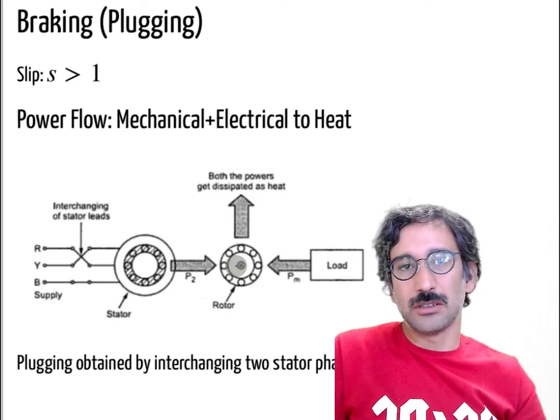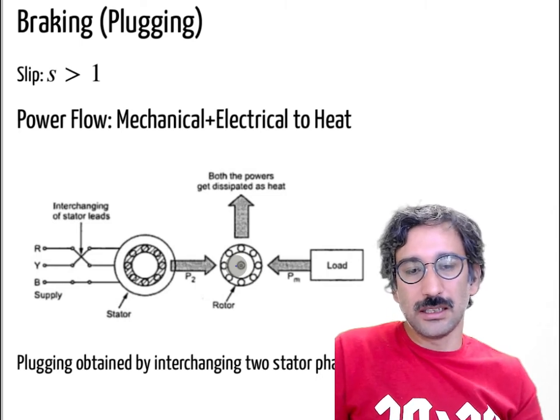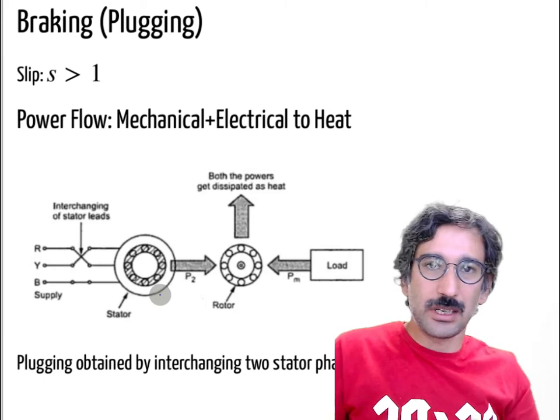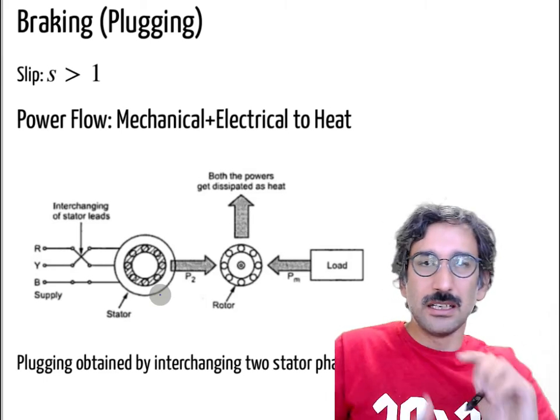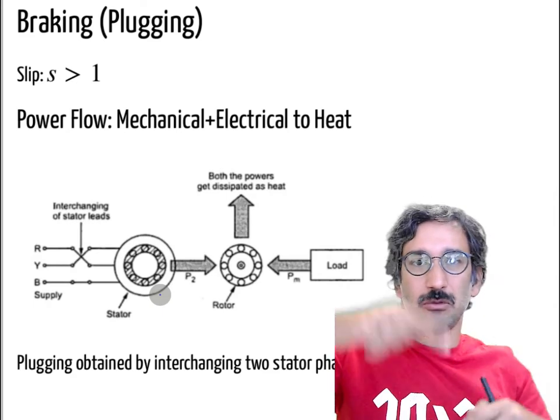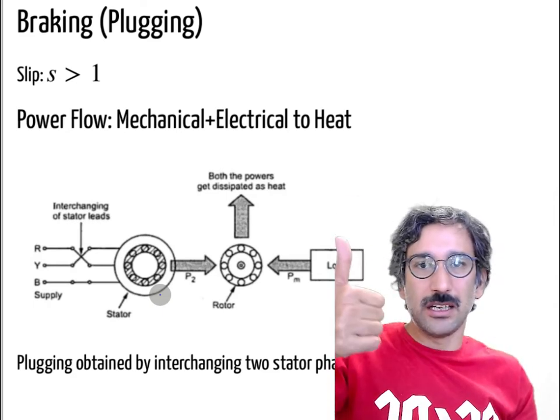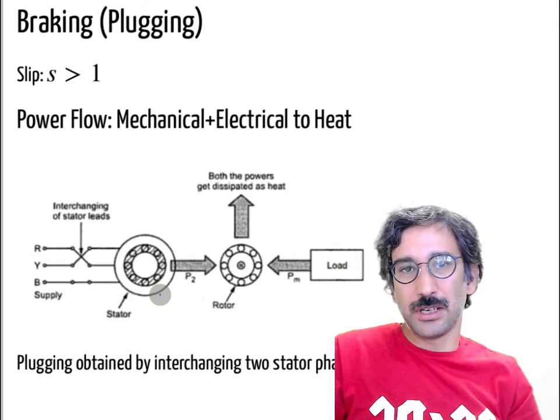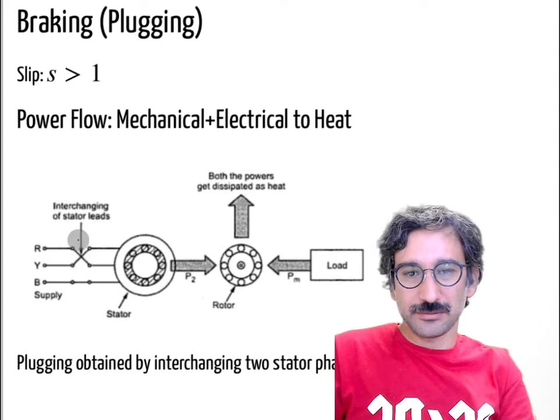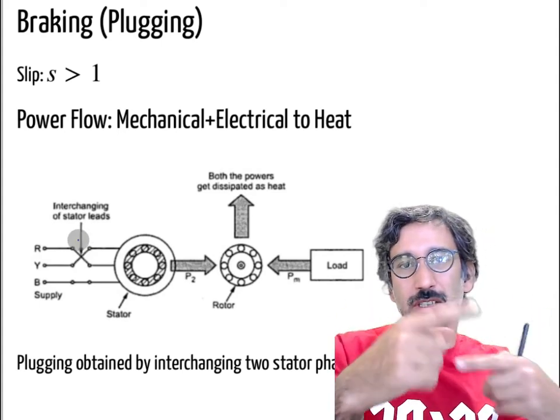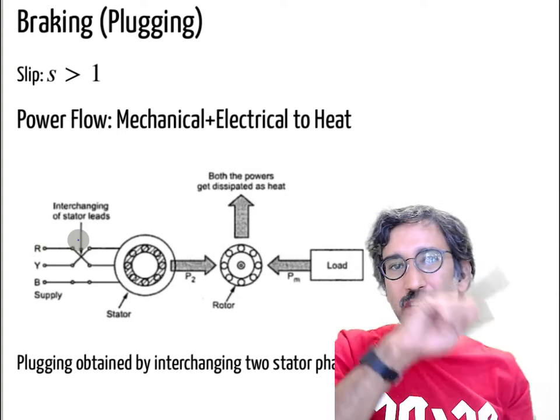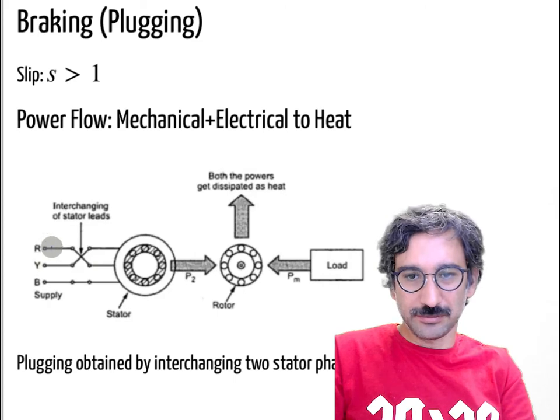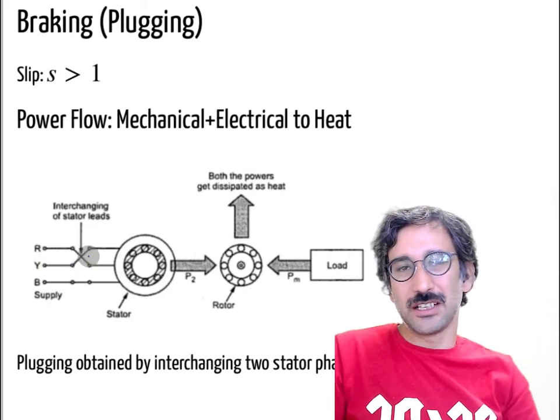But for example, if you want to quickly stop the machine, then you can apply that kind of operation. Some people ask how we can make it into the plugging mode. If you have a crane, for example, and you want to go up and then the rotor goes down, that is a plugging mode of operation. Another way is, instead of changing the direction of the rotor, you can change the direction of the stator MMF, and that can be done by interchanging any two terminals.